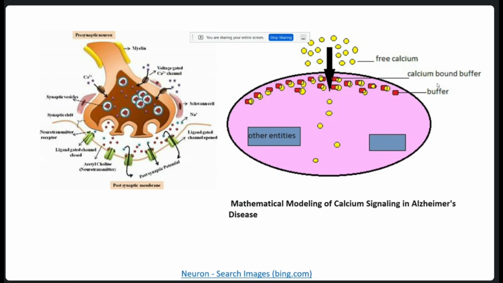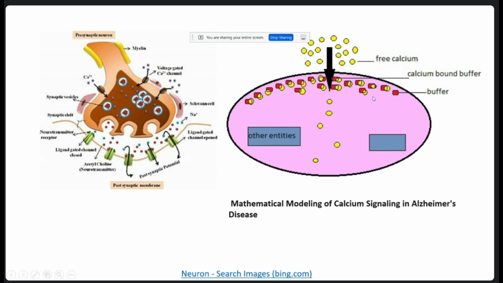Is it sufficient to make the neurotransmitter move from one cell to another cell? Again, no. A number of organelles inside cells are there, endoplasmic reticulum, mitochondria. They also play a very important role in the signaling process.